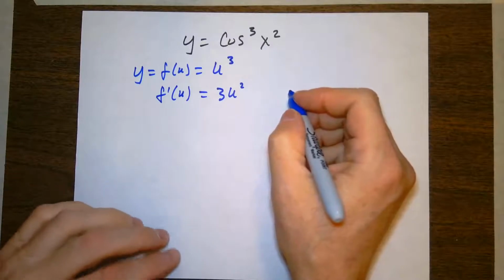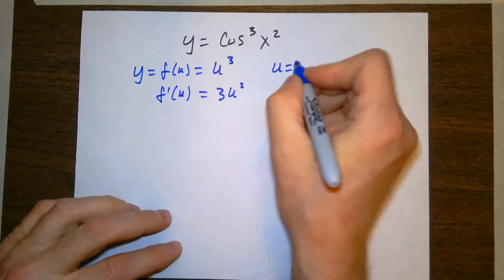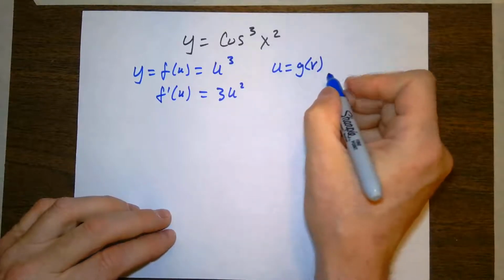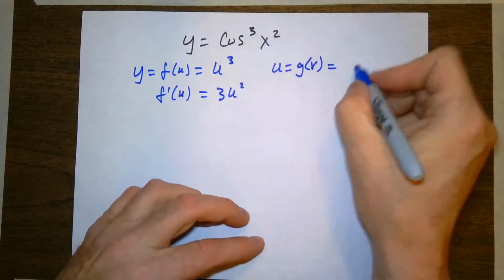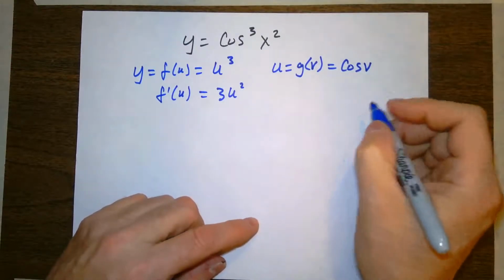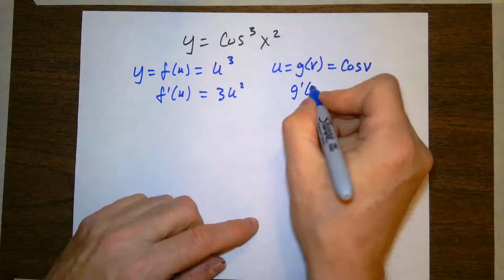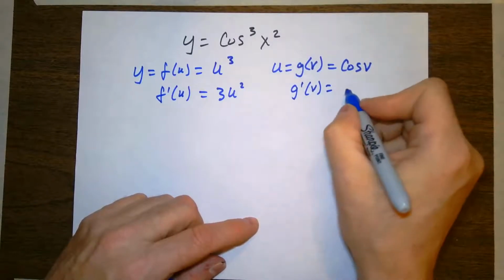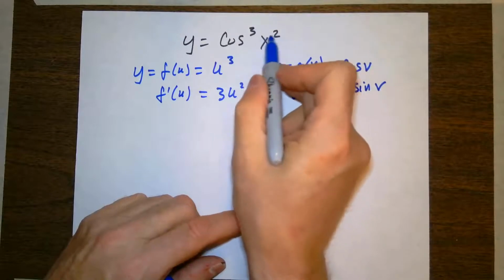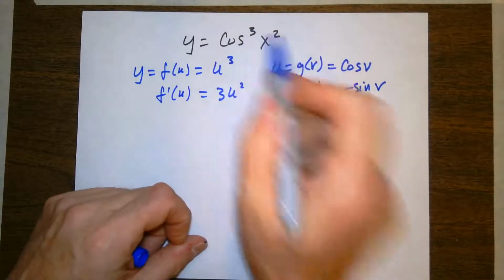But the inside function of that, my u, and I'm going to call this a g of v, we'll see why in a moment, is the cosine of v. And I know the derivative of cosine is negative sine of v. But I've got another inside function. I've got a function inside a function inside of a function.